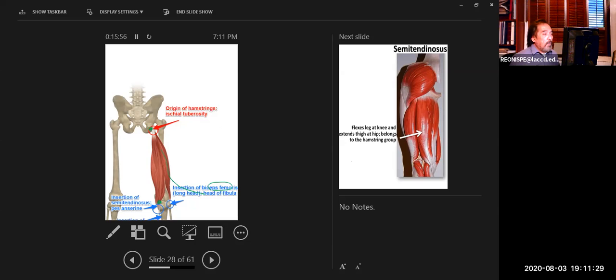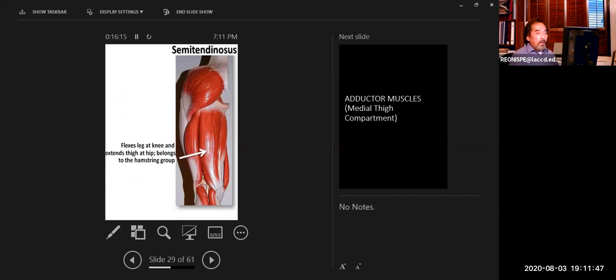Okay, I'm looking at the posterior part. These are my posterior compartments. So biceps femoris is this, and this is going to be the semitendinosus on top, semimembranosus at the bottom. Okay, so we're looking at the hamstrings. Okay, remember who's on the lateral side? This one. This is lateral.